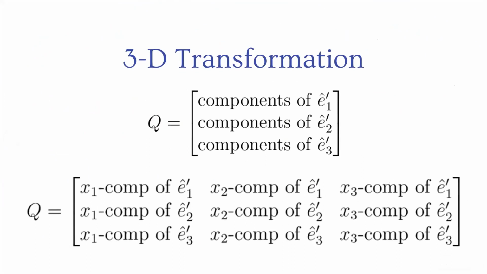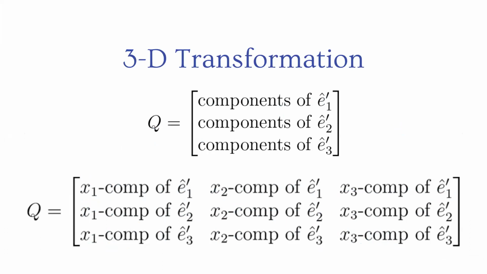Next, 3D transformation. In 3D transformation, of course, your Q will be 3 by 3, with 9 components. The first row has the X1, X2, and X3 components of E hat 1. Same with row 2, the components of E hat 2, and row 3, the X1, X2, and X3 components of E hat 3, per column. Okay?